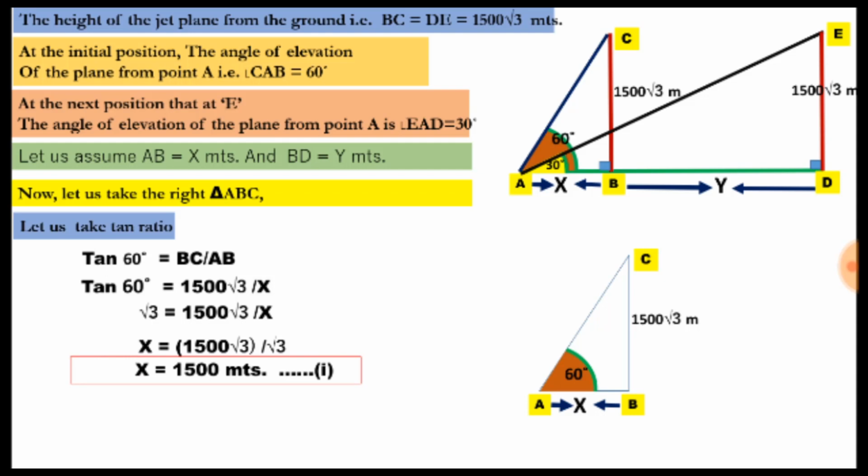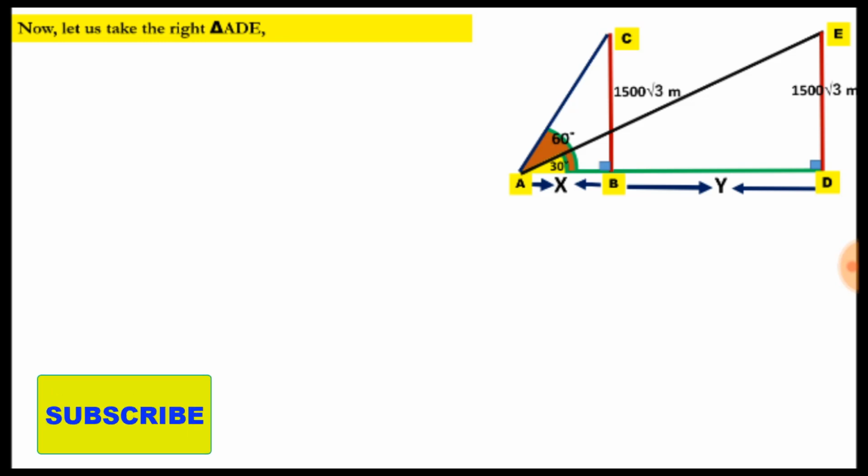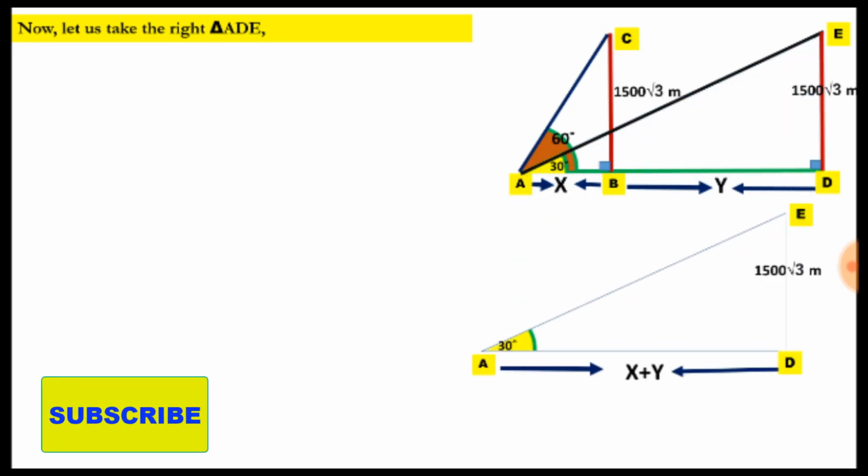Now we go for the second right triangle, triangle ADE. In this right triangle ADE, we have the angle 30 degrees. For the given angle 30 degrees, we have the opposite side DE, which equals 1500 root 3 meters, and the required side AD, which is x plus y, is the adjacent side to the given angle 30 degrees.